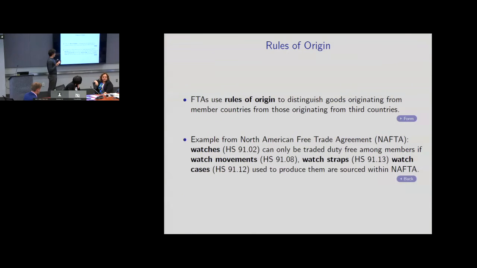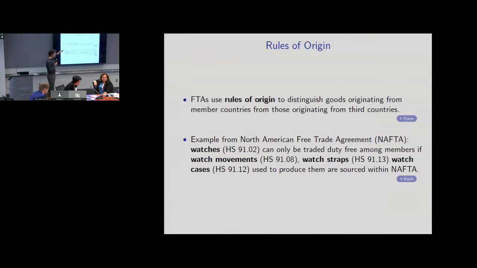You can think, there is one thing I can do if I'm a watch producer, which is I'm going to import all the intermediate goods that are necessary to produce watch straps. I'm going to assemble them, and then this watch strap is going to qualify as having been produced internally, and I'm done. But actually, if you look at the rules of origin carefully, they make sure this is never the case.